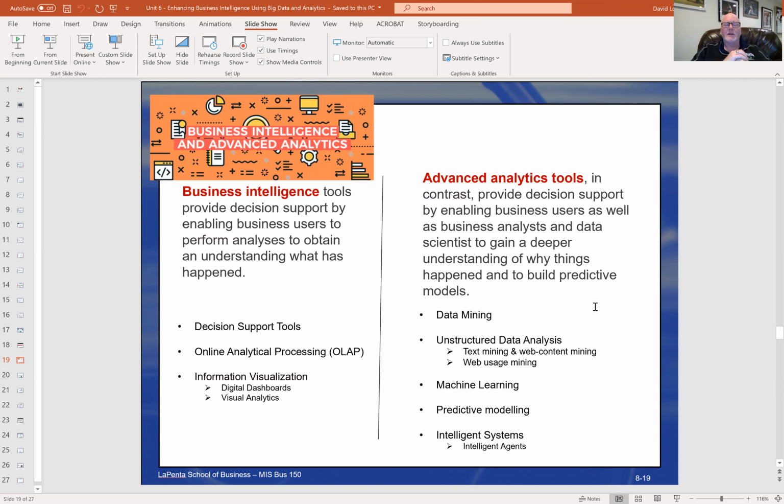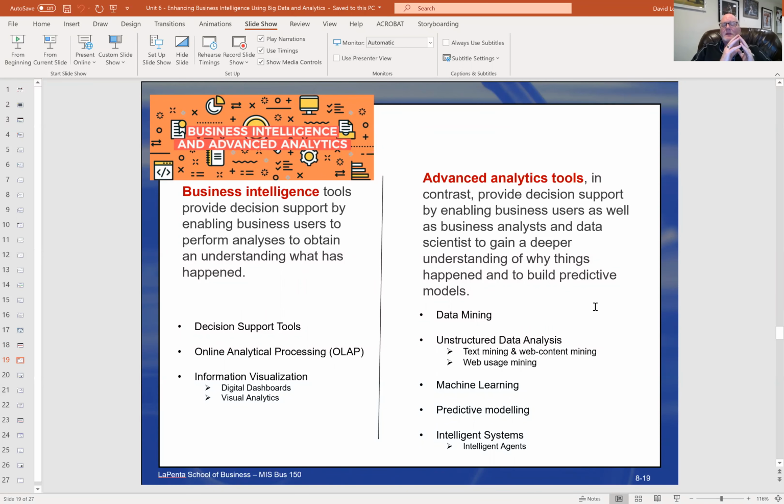First, decision support tools. Another one called online analytical processing, which they call OLAP. And a lot of different information visualization tools. It's important to remember that the data isn't always in numeric form. The data could be audio, the data could be pictures, it could be videos. There's a lot of different ways that data is analyzed.